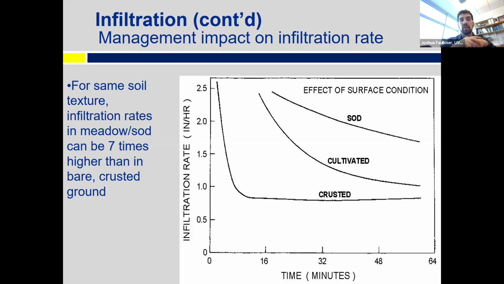You can see that there can be multiple times higher infiltration rates in a covered soil that is managed to promote good soil structure: a sod versus a cultivated soil, especially one that has weak soil aggregation.